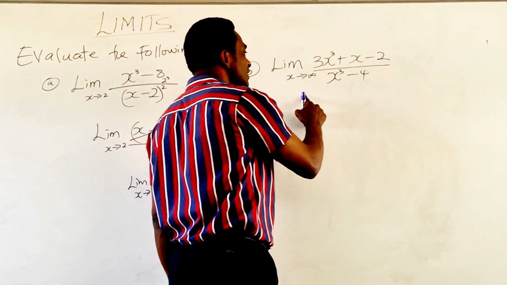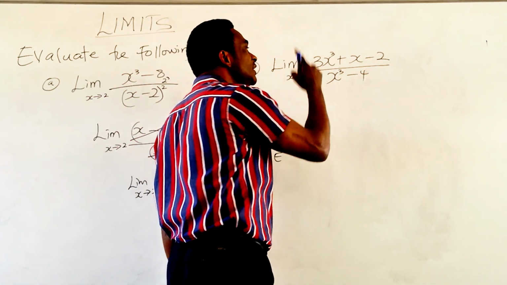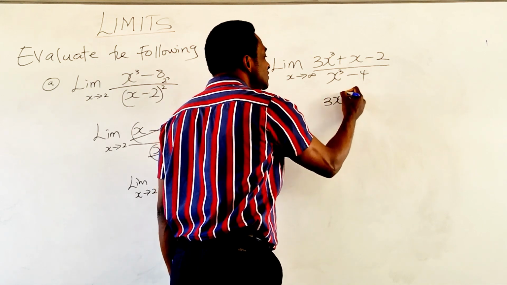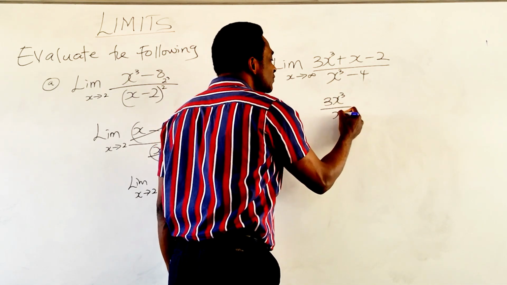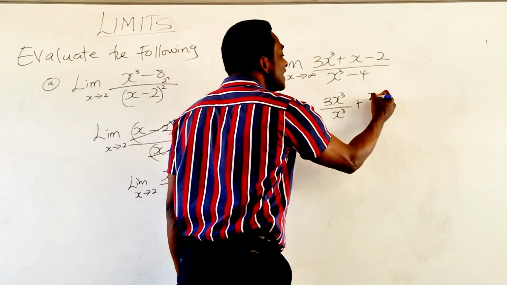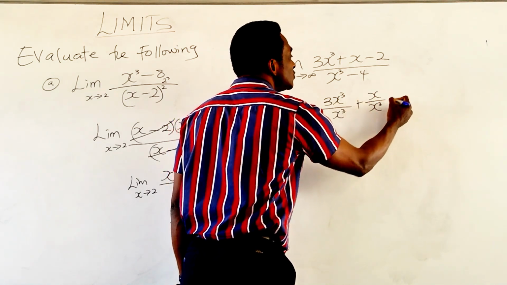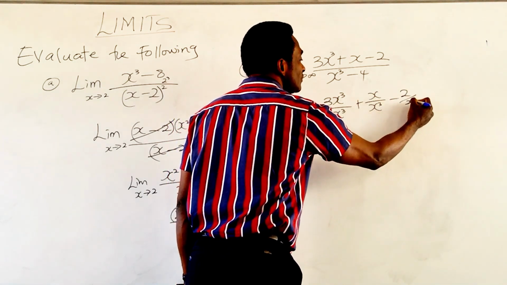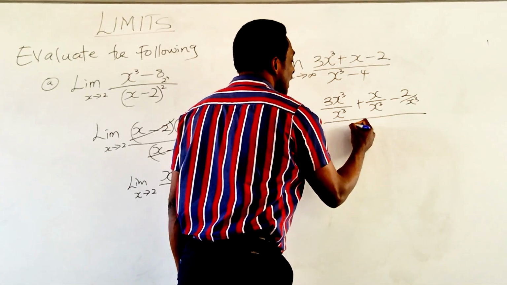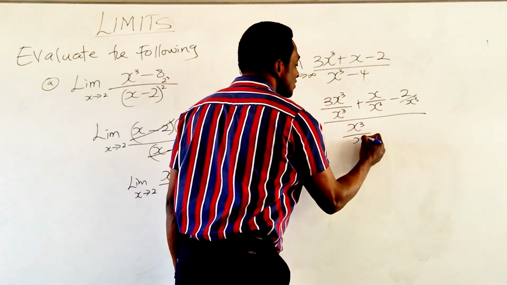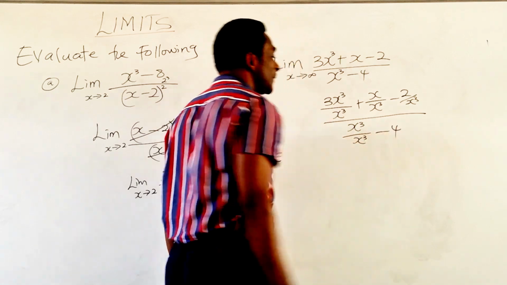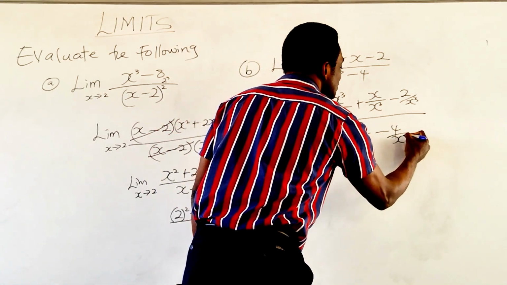So what do we do here? We don't need to simplify, we go straight into it. So the variable with the highest exponent is x cubed. We divide every section with that x cubed. And we have also, for the denominator, x cubed over x cubed minus 4 over x cubed.